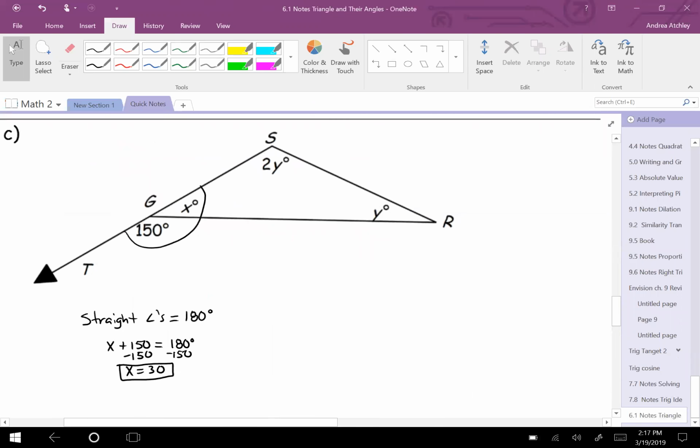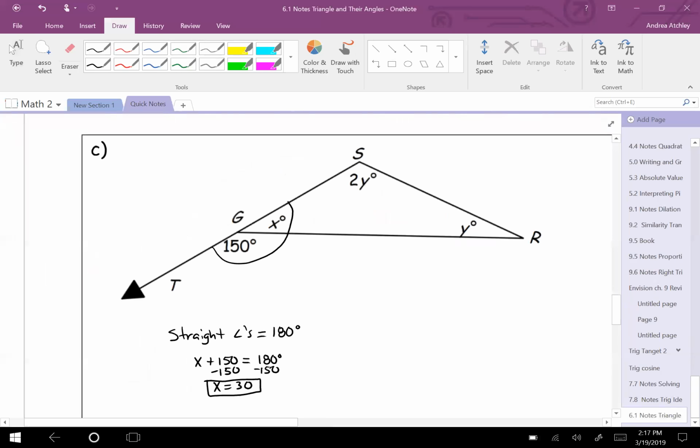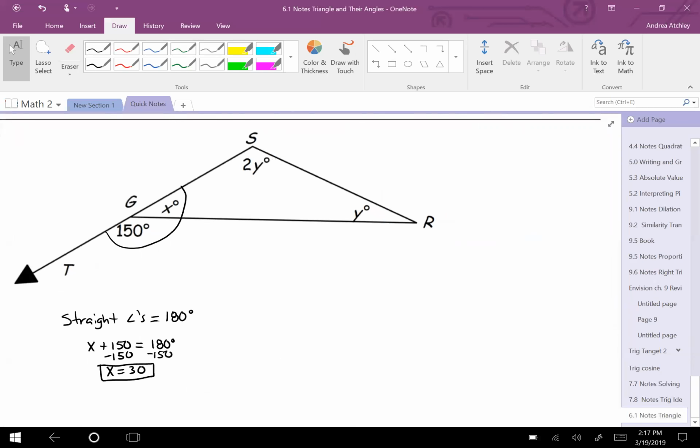So in this figure, give me a second. So write down the external angle theorem while I try to get my pen to work.